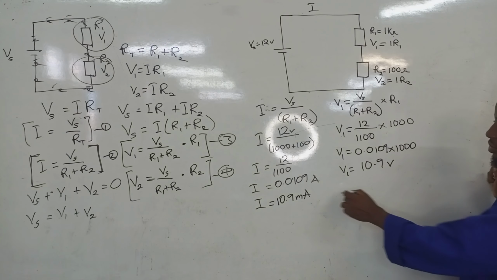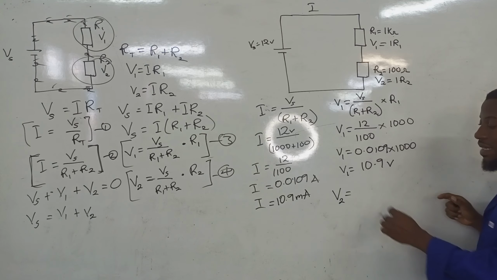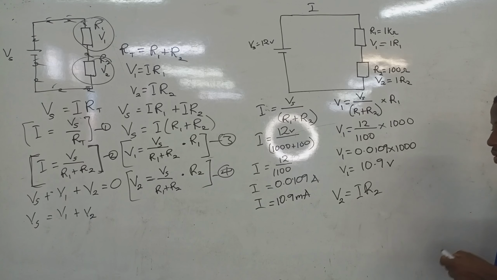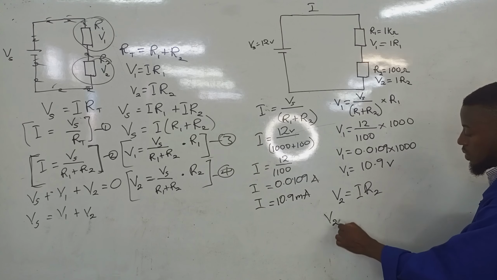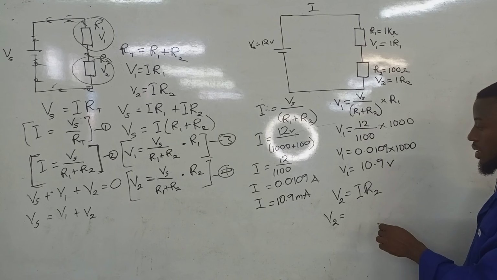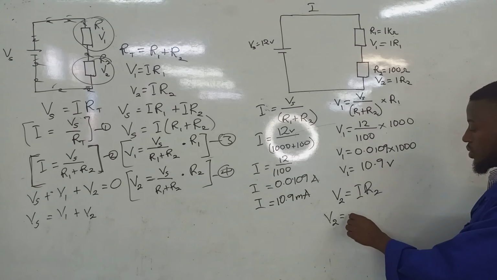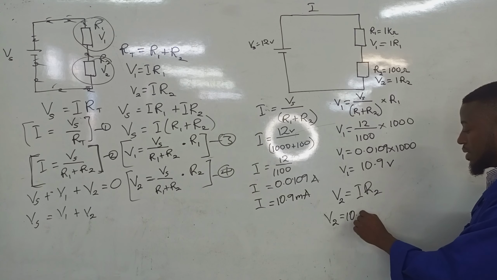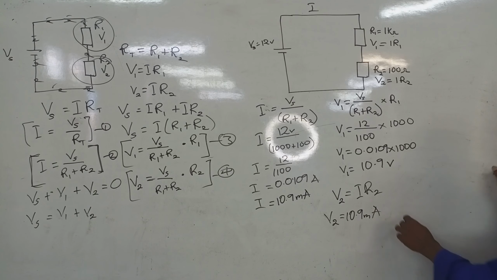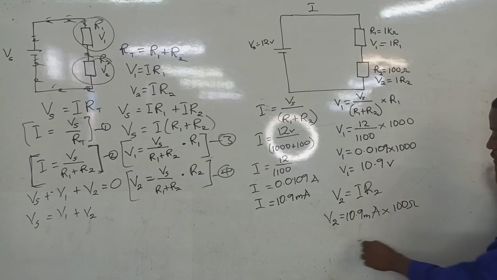Let's calculate the voltage drop in resistor 2. So V2, without wasting time, is IR2. Okay, so V2 is equal to I, which we know already, 10.9 milliamp, right, times resistor 2, which is 100 ohm.